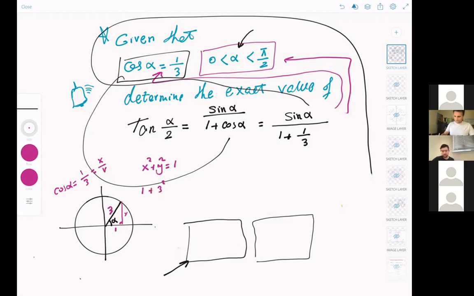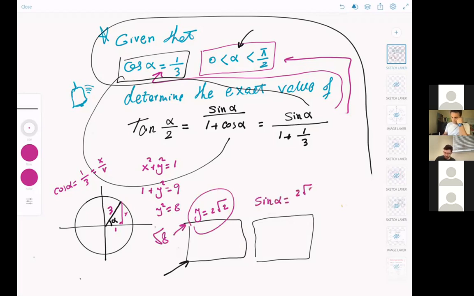We're looking for y. y squared equal to 8. y will be 2 root 2, which is radical 8. So then sine of alpha will be 2 root 2 over 3.